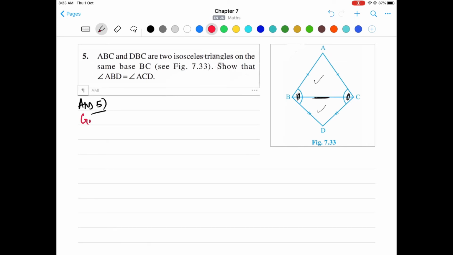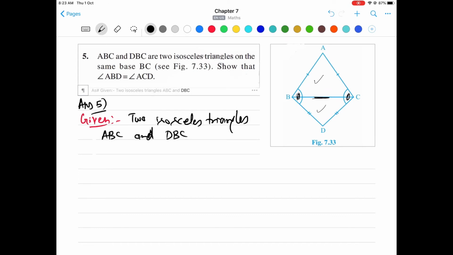First we'll mention the given portion. What we have here is two isosceles triangles, ABC and DBC, on the same base.